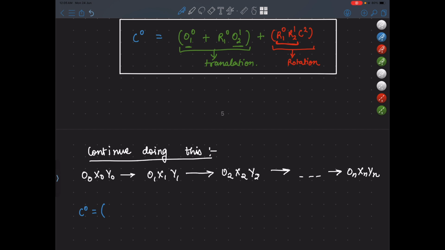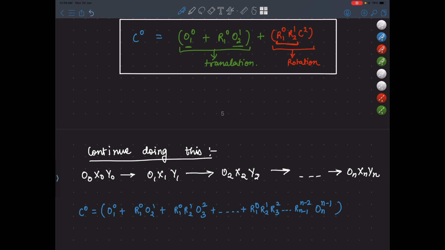So here I'm writing it: O1 naught plus R1 naught O21 plus R1 naught R21 O32, plus so on and so forth, R1 naught R21 R32 and R(n-1)(n-2) into O n (n-1).